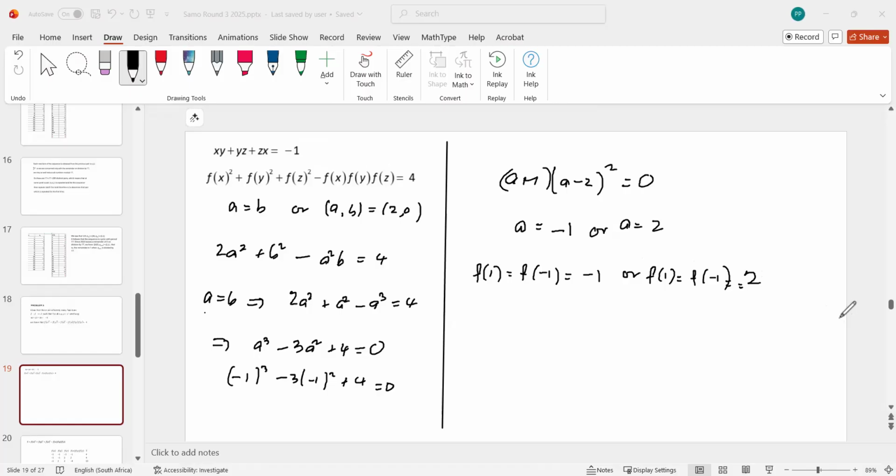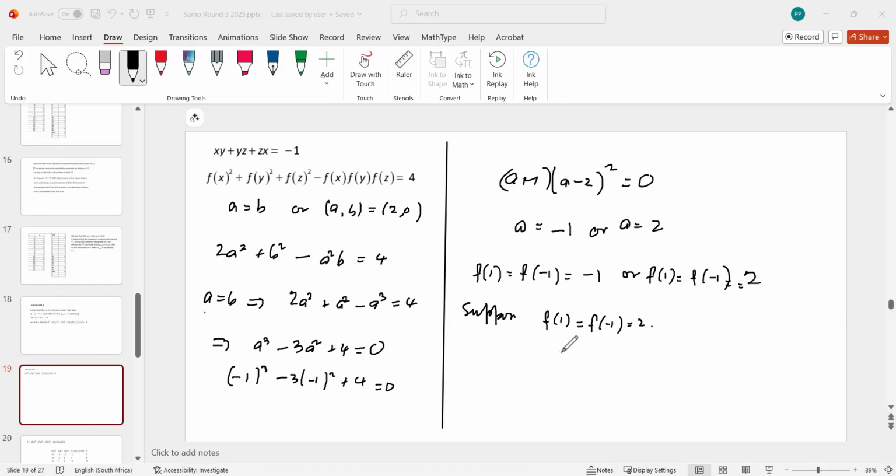All right. Okay, let's just take the case where f of 1 equals f of -1 equals 2.